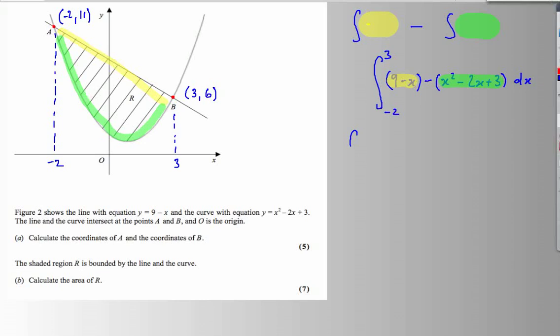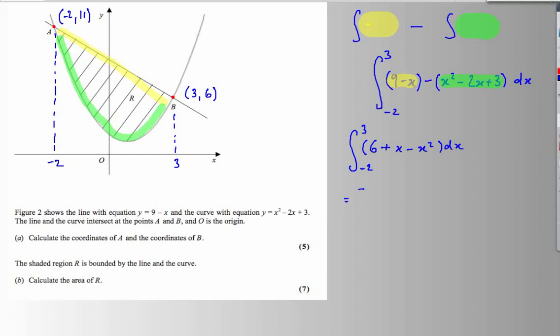So let me tidy this integration up a little bit first, and I have 9 minus 3, 6, minus x minus 2x plus x minus x squared dx.